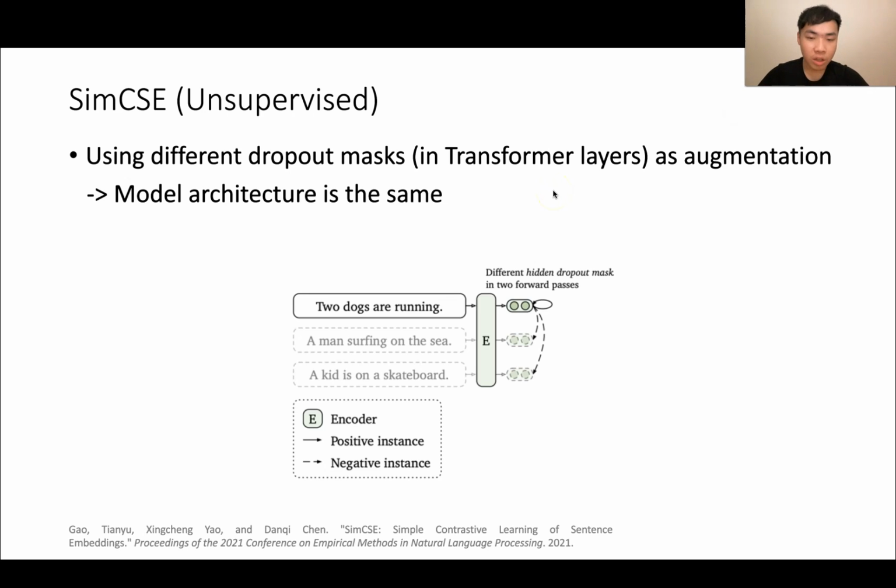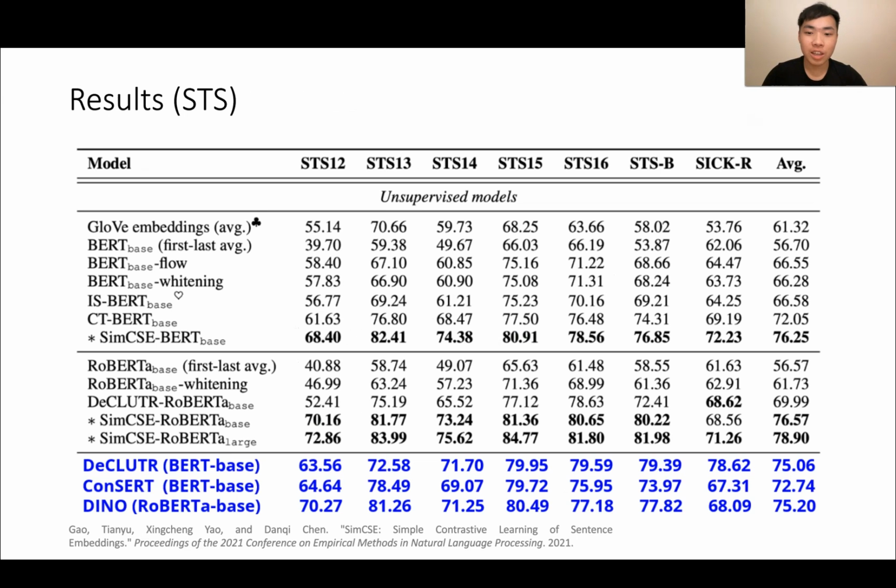What they actually do is take the same input sentence and forward it through the transformer twice. Because the transformer samples a different dropout mask for each forward pass, you don't need to modify the model architecture. You can just do two different forwards and get a good augmentation. Their result is even better than DeCLUTR, ConSERT, and DINO.